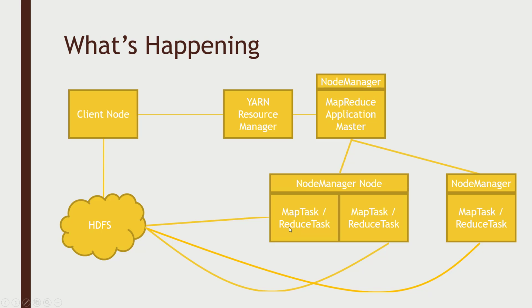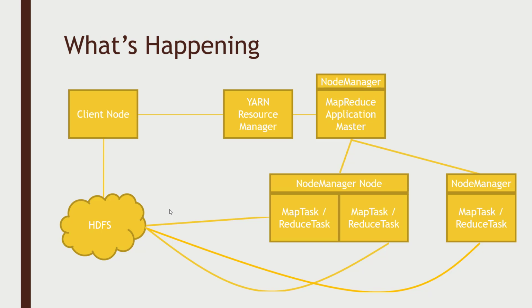So it's going to try to make sure that a mapper responsible for processing a given subset of your input data will actually be running on the same machine that contains a copy of those blocks that it needs whenever possible. And if that's not possible, it will try to make sure it's as close to it in the network as possible. So it does a lot of work to make sure that you're not sending stuff over the network when you don't have to. And that's part of what MapReduce does for you.